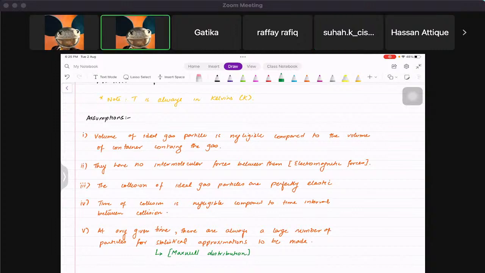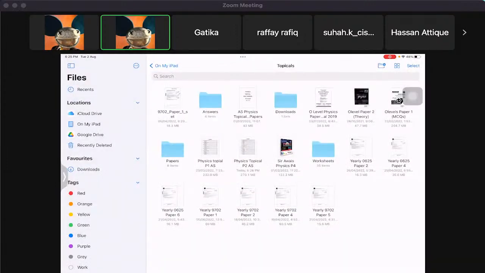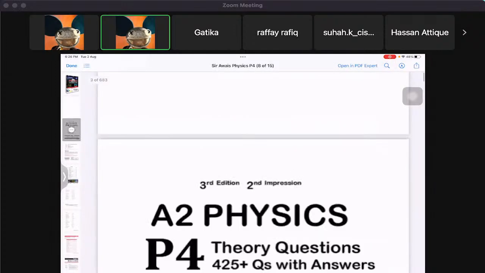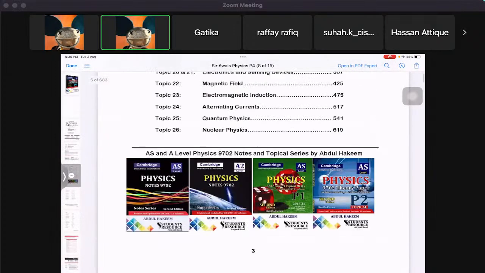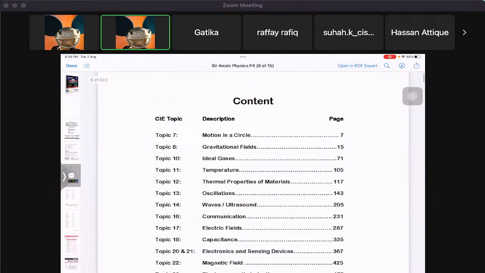I'm actually not kidding, because if I show you exactly how important this is, let me just open the papers. Wait, here it is. Ideal gas, page 71. Let's go down.